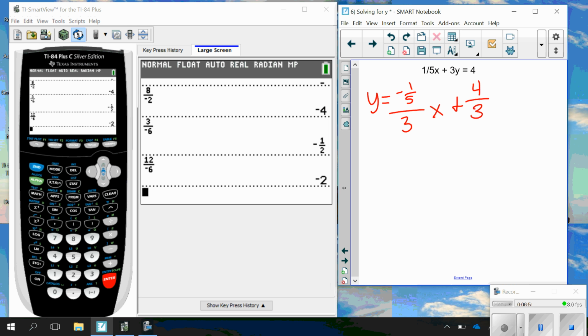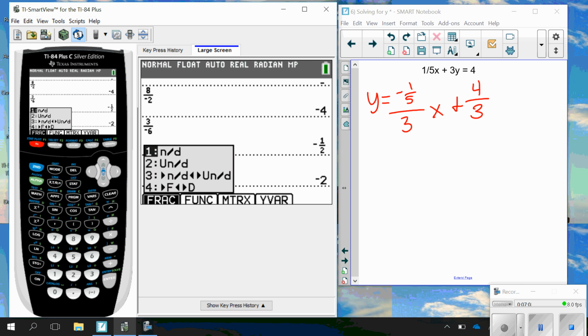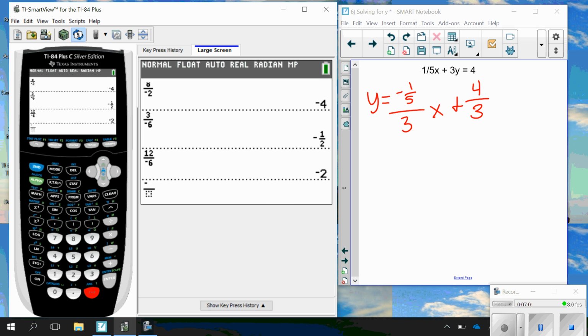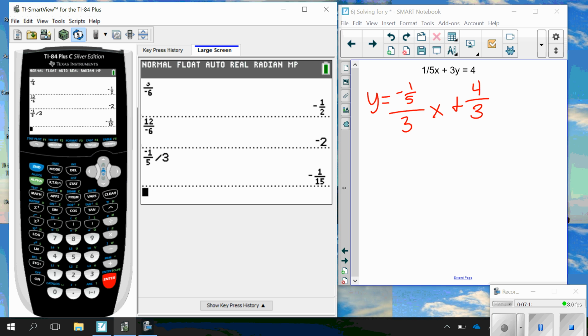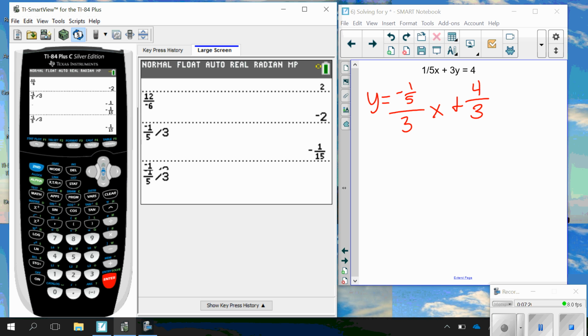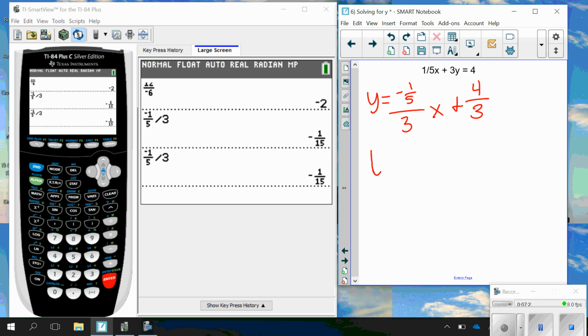If you wanted to divide a fraction by a fraction, you're going to use the fraction key. So, negative 1 over 5, and then you're going to divide it by 3. And it gives you your fraction, negative 1/15.